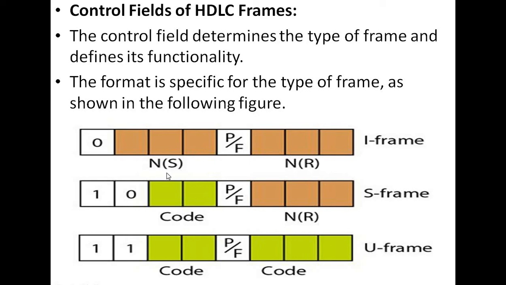N(S) is defined for the sequence number, and N(R) is defined for the acknowledgement number, that is, a positive or negative acknowledgement number. And P/F is given here as poll or final. About the S frame, here one new field is there, that is the code, called the code subfield.